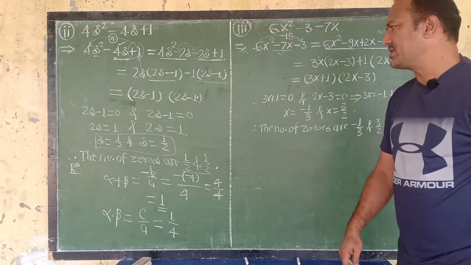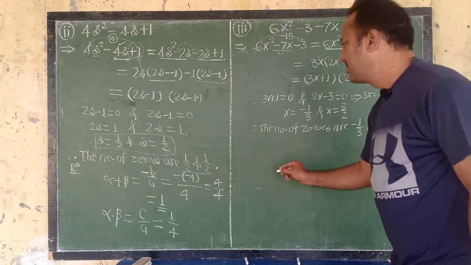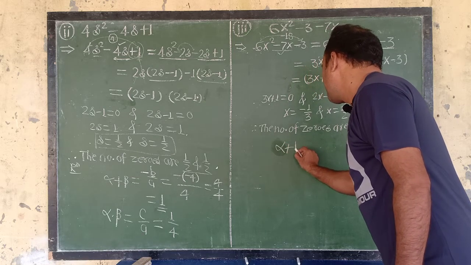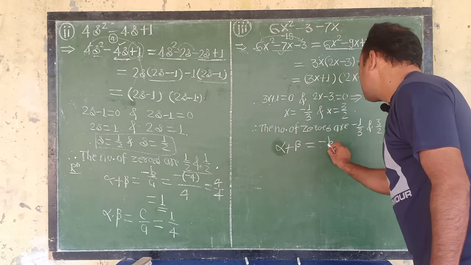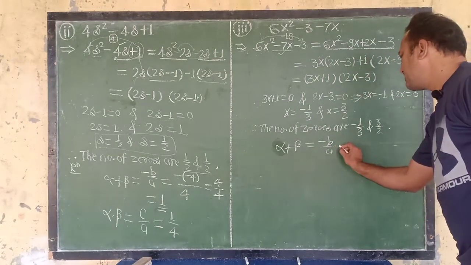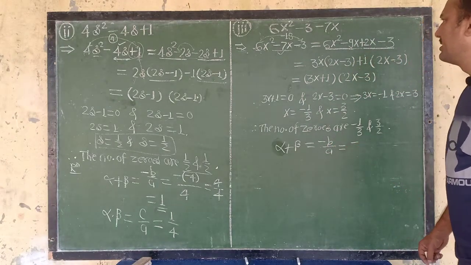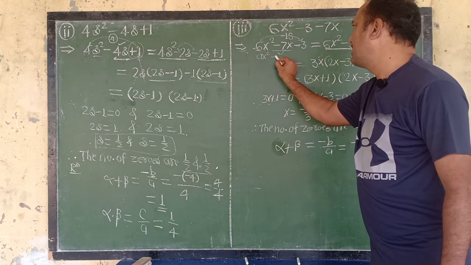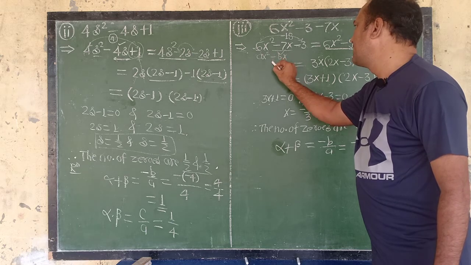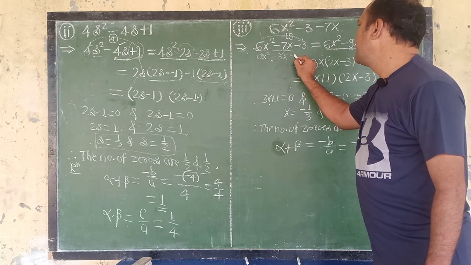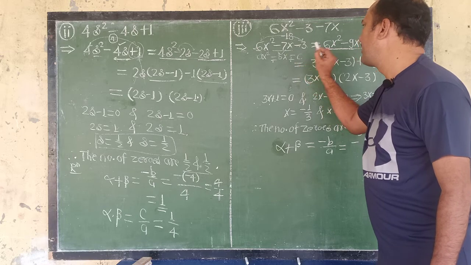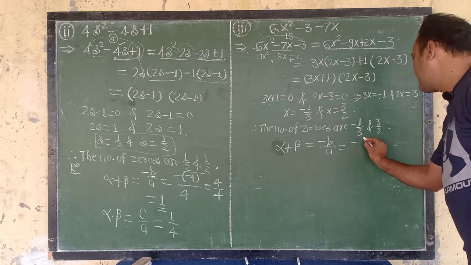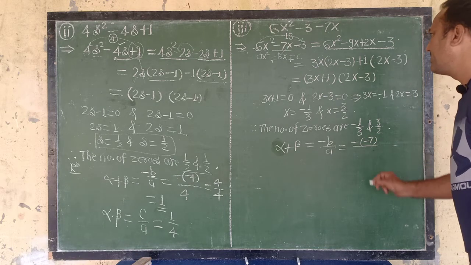Now we have to find the relation between the sum and the product. Then alpha plus beta is equal to minus b by a. Minus is already given. What is the value of b? This is the standard form: ax square plus bx plus constant. The value of b is minus 7, so this is minus 7 divided by a.